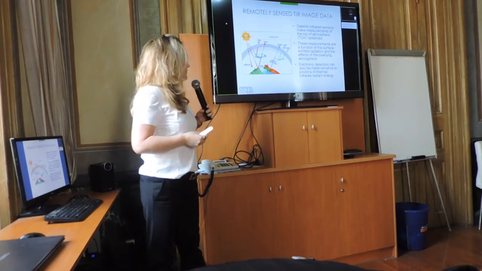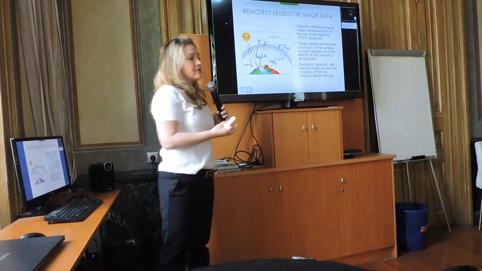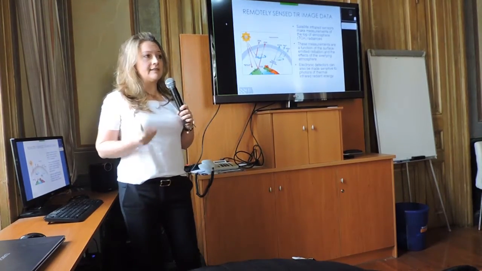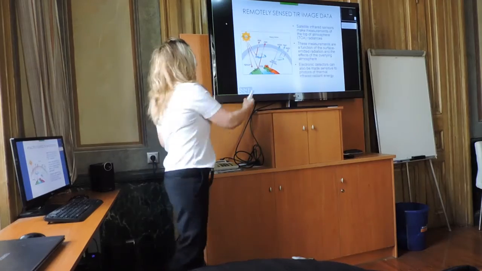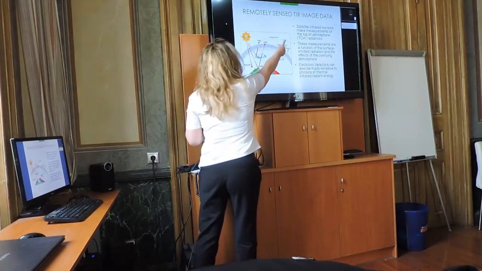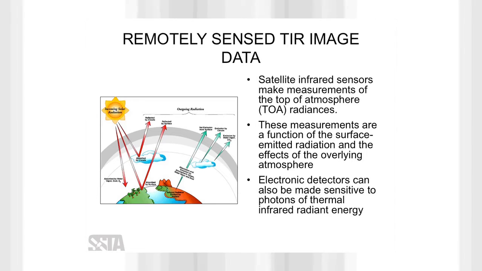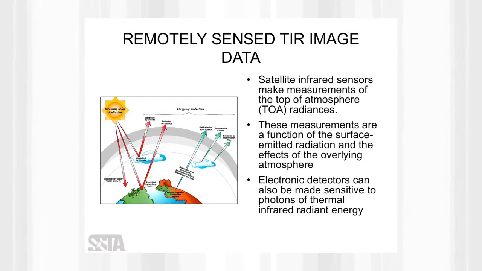We're going to say this in more detail later on. And due to this temperature, there is thermal infrared radiation that is emitted back to space. So if you had a satellite here, then this satellite would actually measure the thermal infrared radiance. So this is the basic principle behind thermal infrared, and now I'm going to give a few more details.